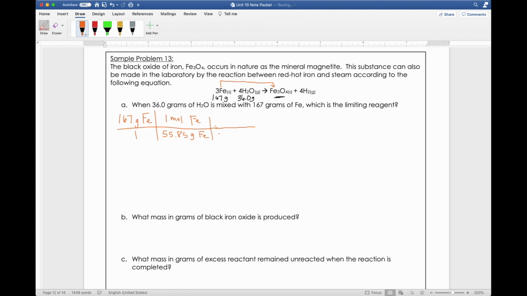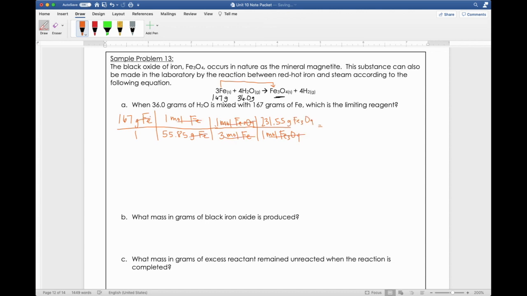Look at that mole ratio next. 3 moles of iron produces 1 mole of iron oxide, and 1 mole of iron oxide has a mass of 231.55 grams.